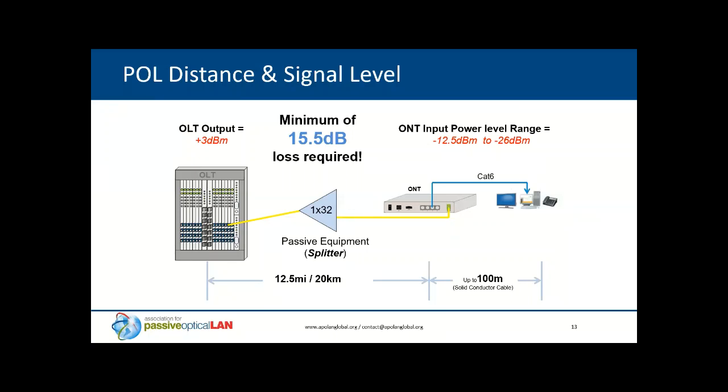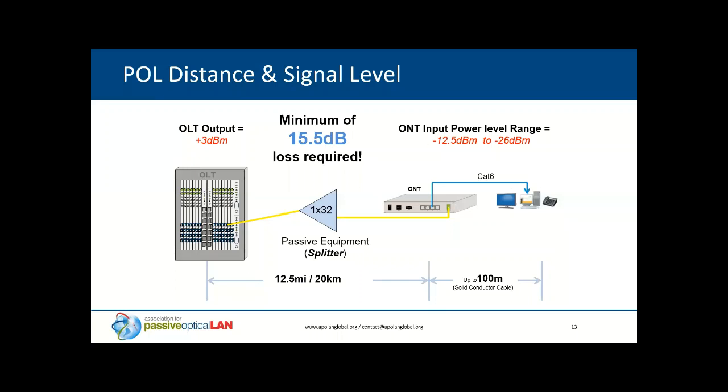And then from our ONT, we can still go another 100 meters in copper out to our end device, be it a station, handset, camera, wireless, door access, whatever's requiring this connection. One thing to know is with better optics, you can actually go past that 12 miles, that 20 kilometers. So don't limit yourself to that. We can upgrade the optics and get you a little further if that's required.